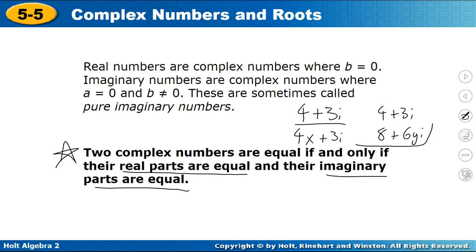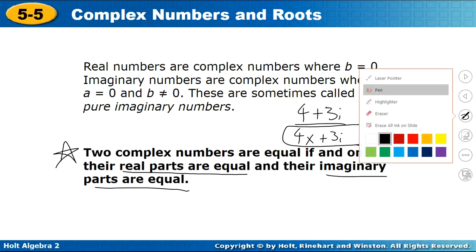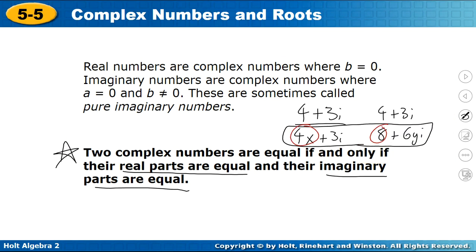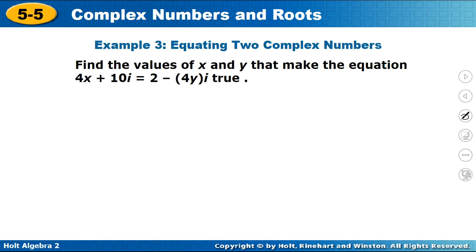And these two numbers would only be equivalent if the 4x is equal to the 8, and if the 3 is equal to the 6y. And that's essentially what we'll do: we'll set these equal to each other, and we'll find the x and y values that would make them fit. So that's the goal of our next couple of examples, to solve for x and y that would make our complex numbers equal.